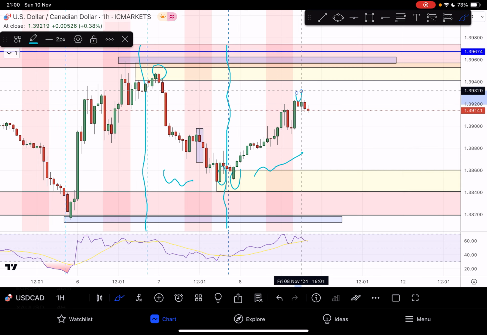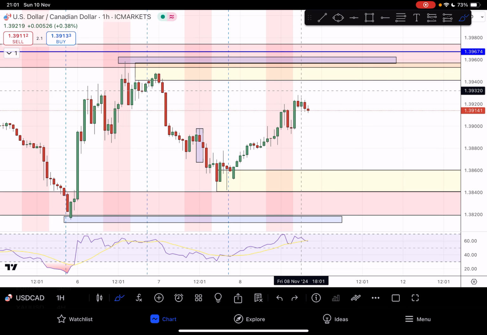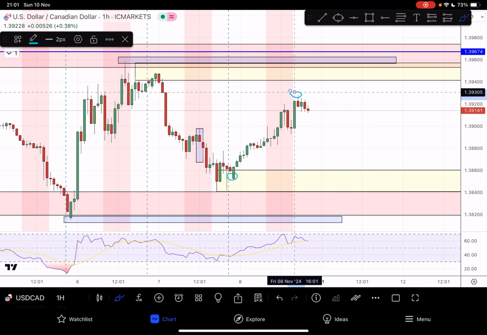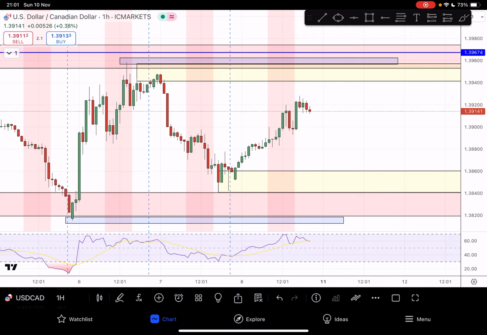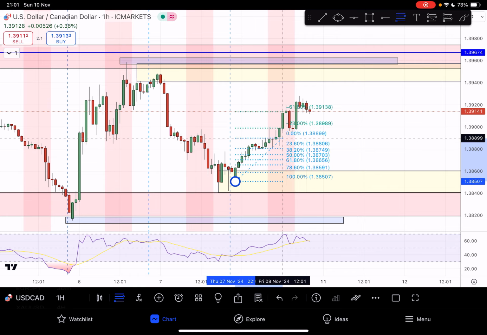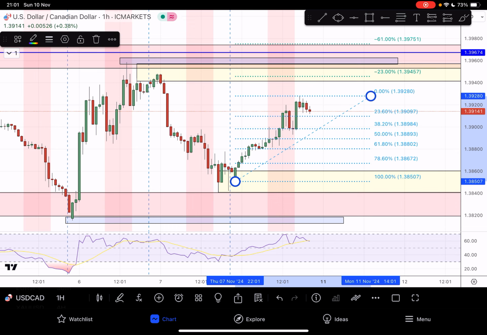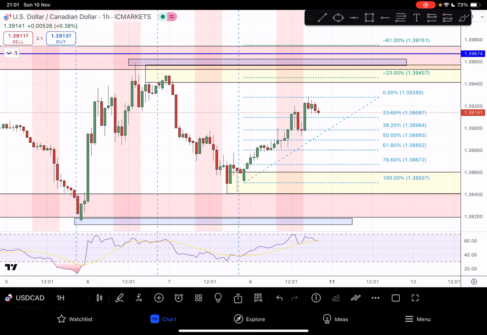Either way works, but because it is a Monday, I'm going to do it from Friday's low to Friday's high. So what I'll do is delete this, get the fib tool out, drag it from the low of the day to the high of Friday, which is previous day's price action.